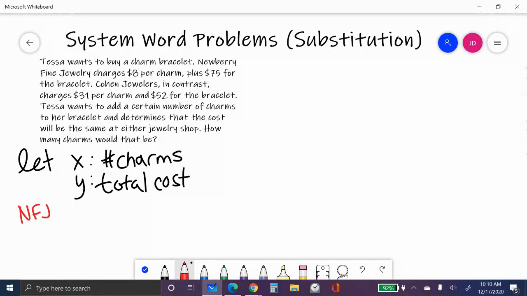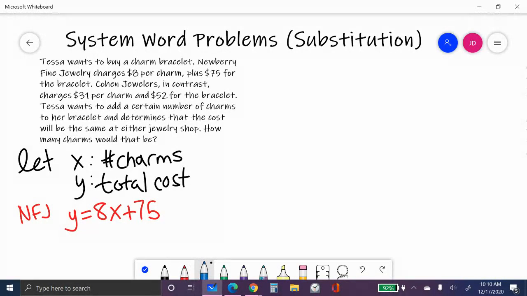That equation is going to be $8 per charm plus $75 for the bracelet. So the total cost is going to be $8 per charm plus $75 for the bracelet. So that's my Newberry Fine Jewelry equation.